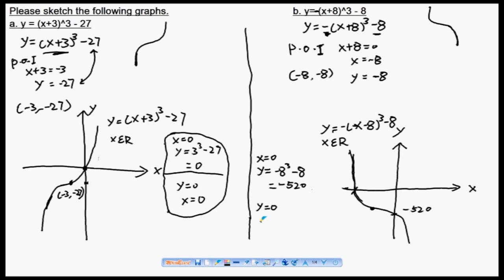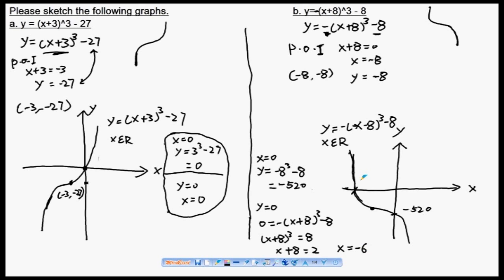We will have 0 equals minus (x plus 8) cubed minus 8. So (x plus 8) cubed equals minus 8, and x plus 8 will be minus 2, and x will be minus 2 minus 8, which is minus 10.